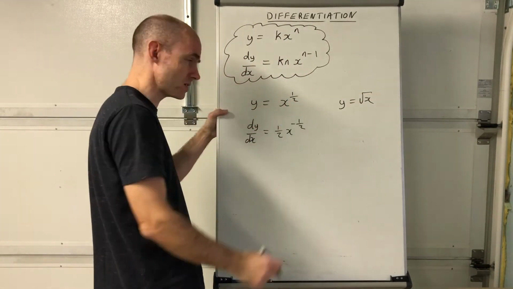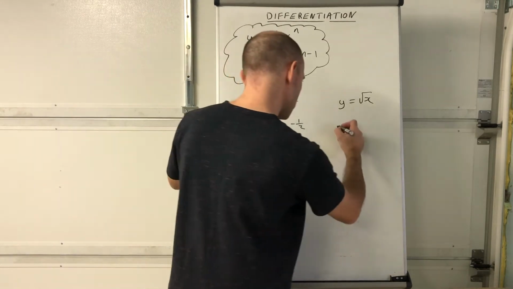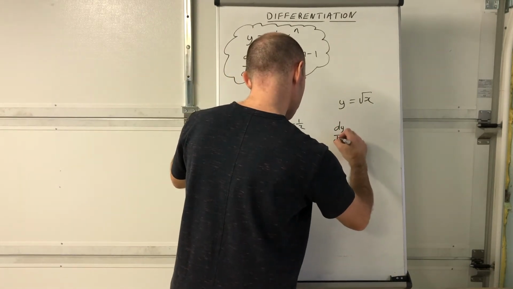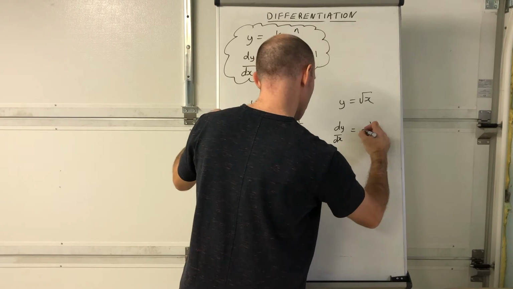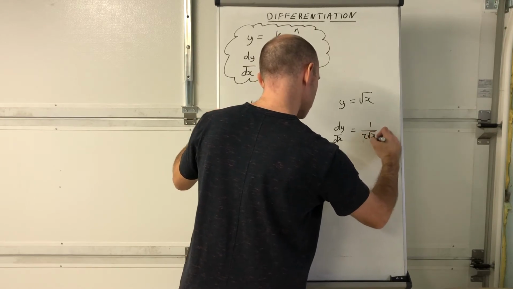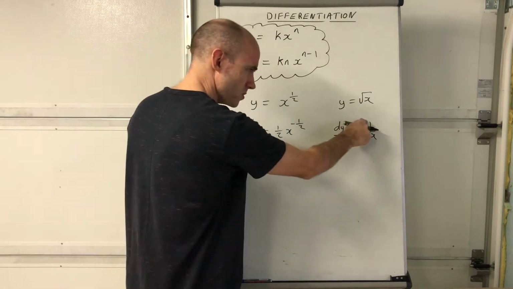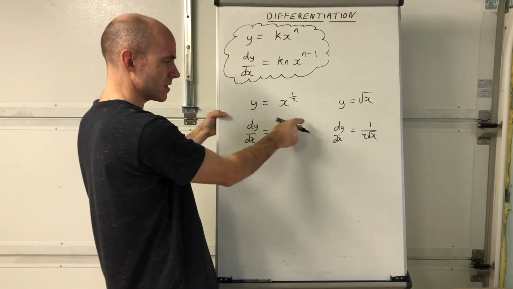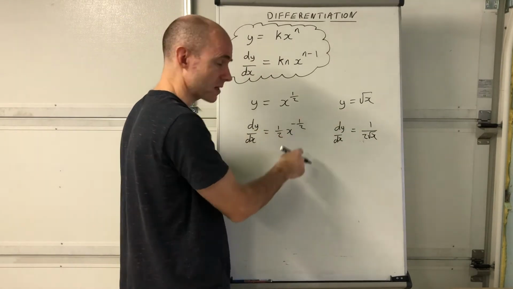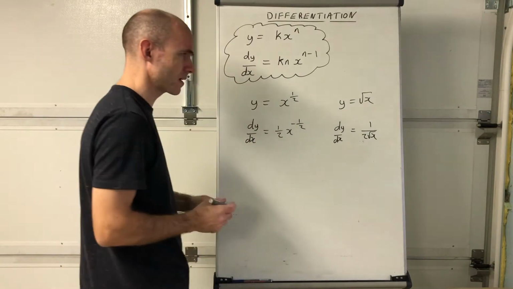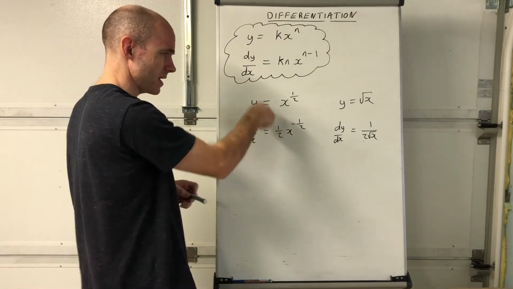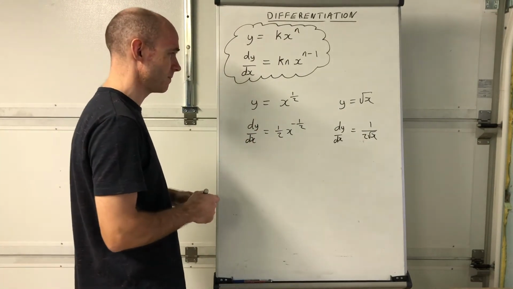You need to be aware they're the same. And when you rewrite this, you could say that dy dx as a fraction is equal to 1 over 2 root x. Because the half, written like that, is 1 over 2, and x to the negative half means 1 over root x, 1 over x to the half. But just for the time being, just write it in index form, and that is fine, okay?